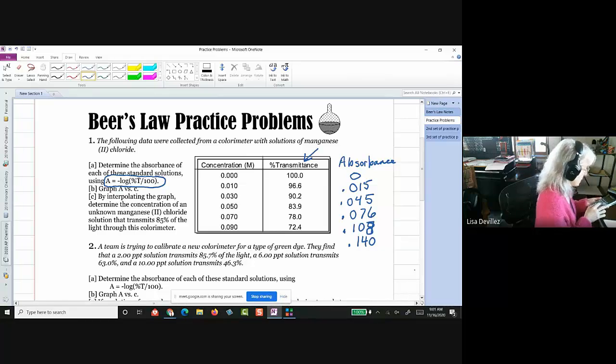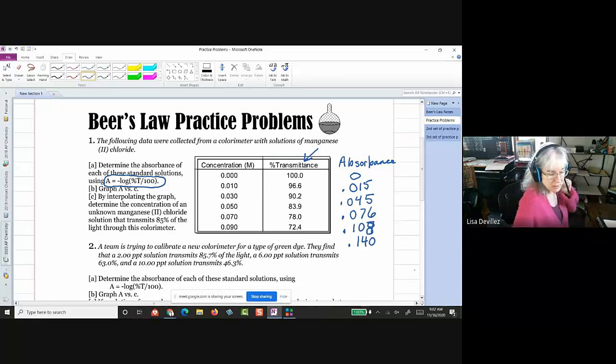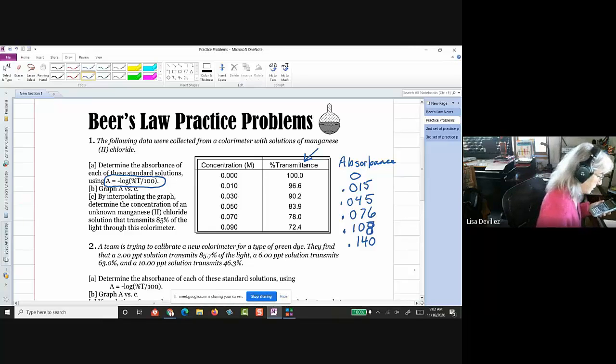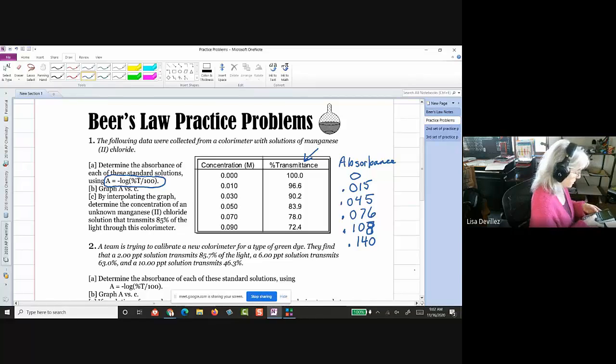Stats, edit, and list 1, 0, 0.01, 0.03, 0.05, 0.07, 0.09, and then we'll do calc.